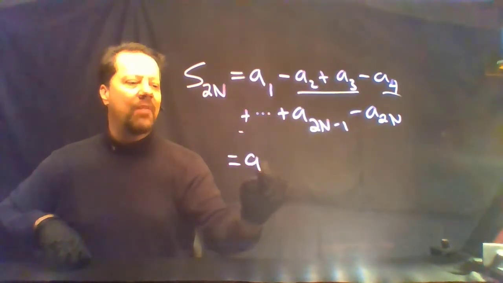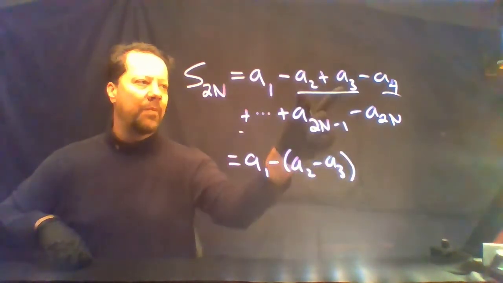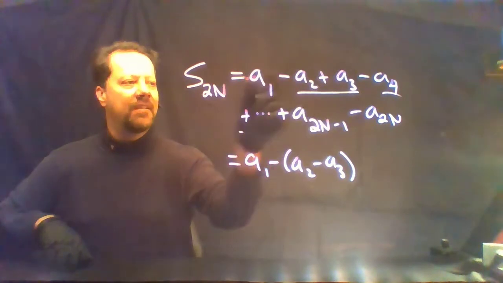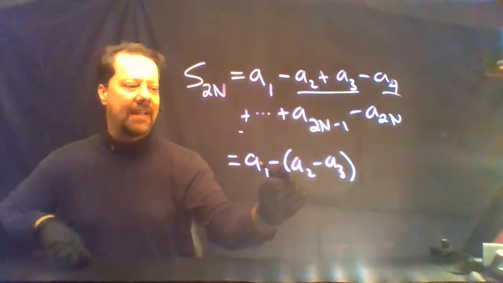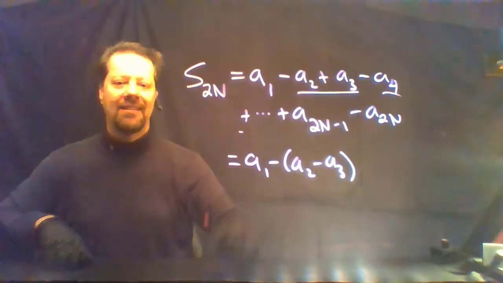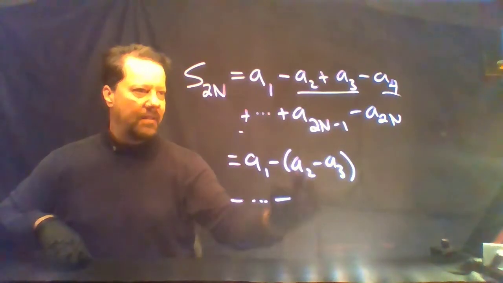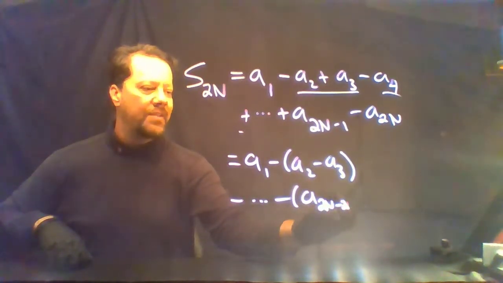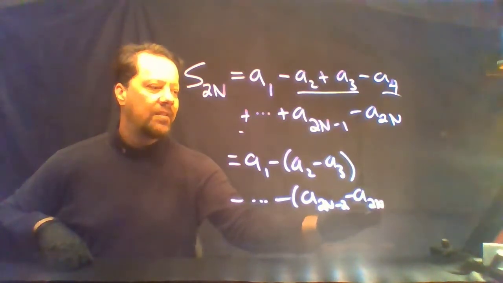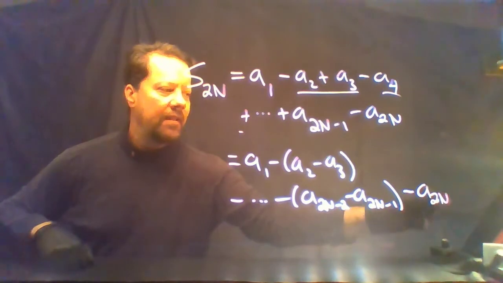So we'll have a_1 minus a_2 minus a_3. When we factor a negative out from here, we'll get a subtraction. We'll have, if we distribute the negative, a negative a_2 and a positive a_3, just as above. We'll have a_(2n-2) minus a_(2n-1), and then finally minus a_(2n).